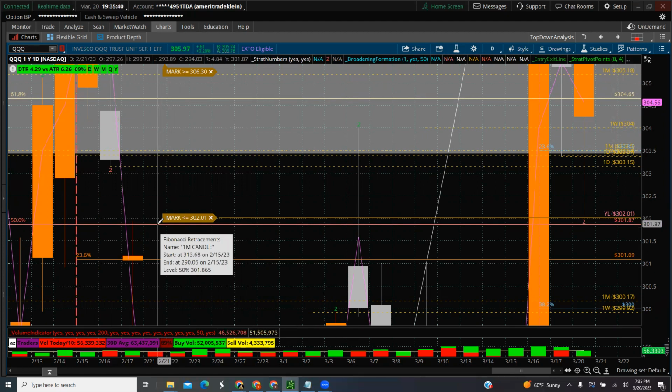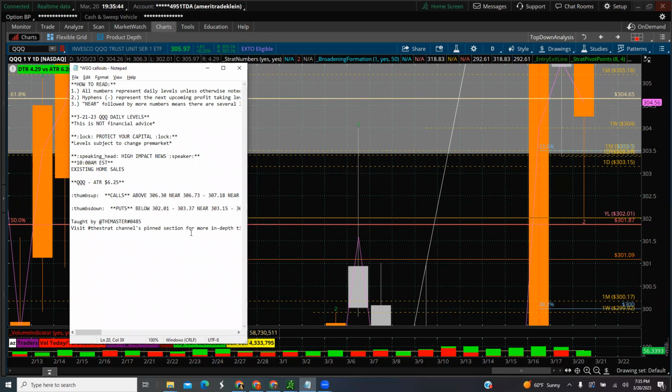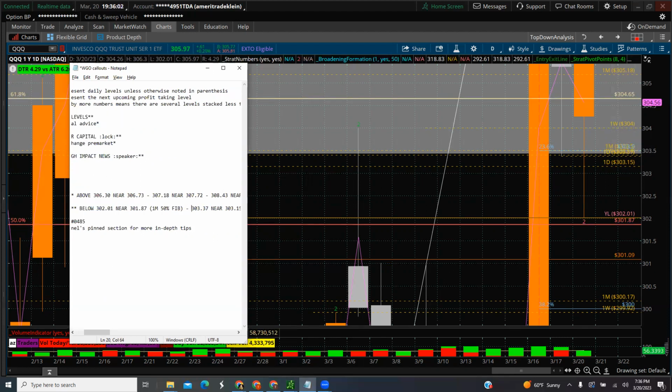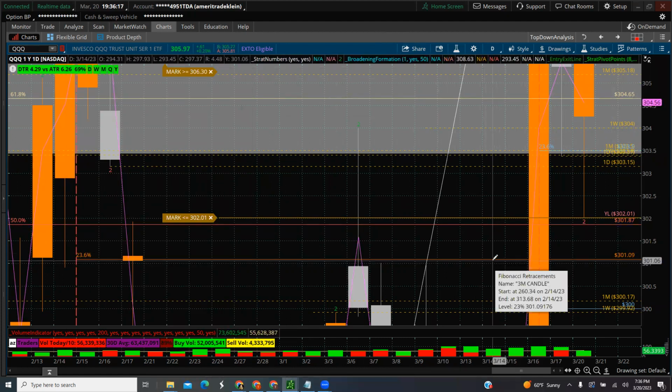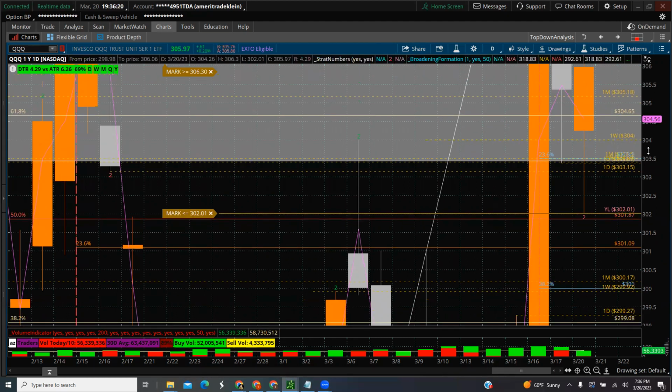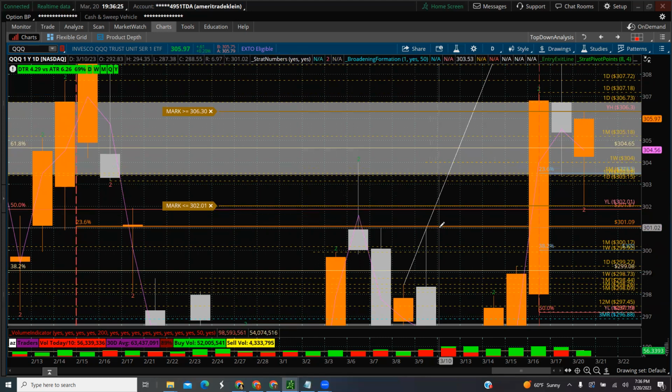50% retracement. Okay. Look and see if this, even though this is a quarterly level, see how much respect we have here on this line.